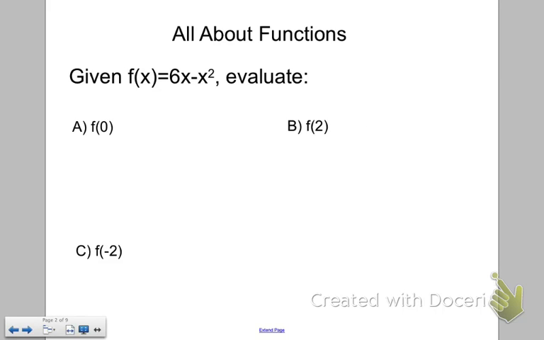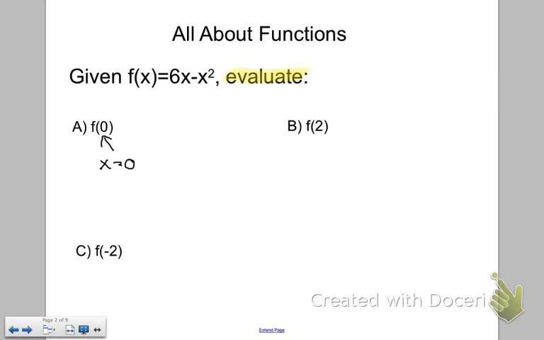Now, in the first part of this set of notes, we're just asked to evaluate functions. When you're asked to evaluate a function, essentially all you're doing is plugging in a value. In terms of notation, when you see something like f of 0, that means your x value is equal to 0.